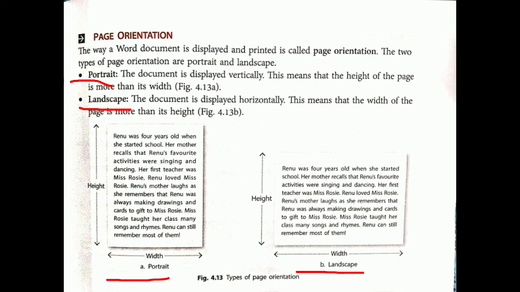In portrait view, the document will be displayed vertically, that is, height of the page will be more than the width. And in landscape view, the document will be displayed horizontally, which means that width of the page is more than the height. Okay, these are the two types of page orientation.